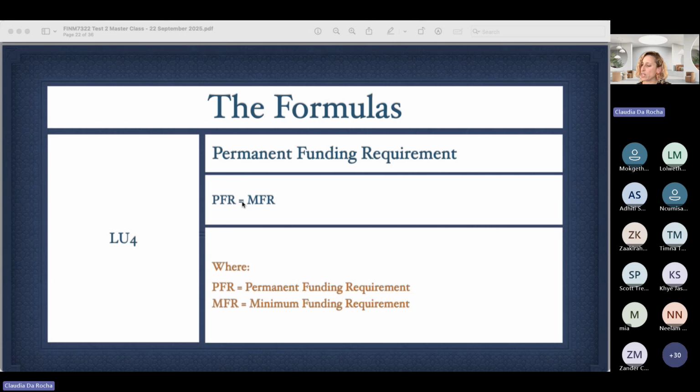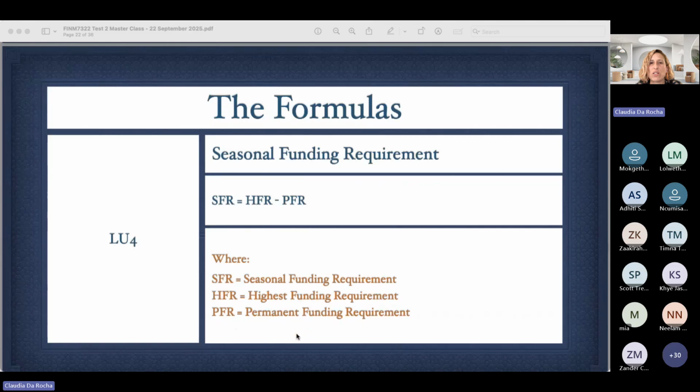We also have the strategies, which I'll also unpack, all having to do with our cash conversion cycle. So your first one's your permanent funding requirement, which is equal to your minimum funding requirements. In essence, when you get a list of different funding for different months, you will choose the lowest.